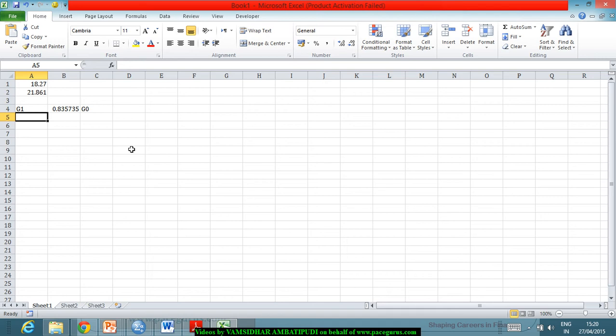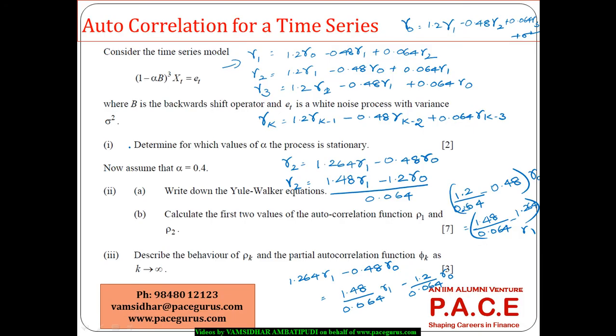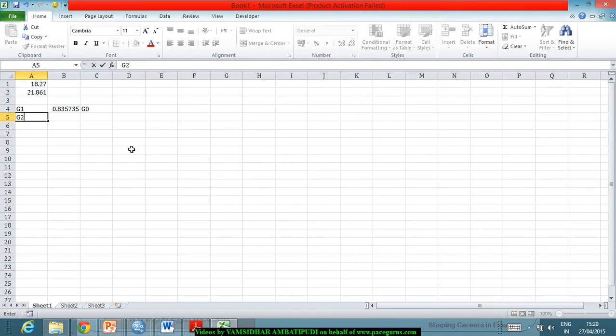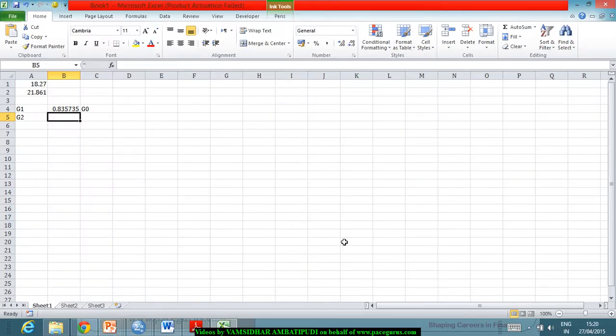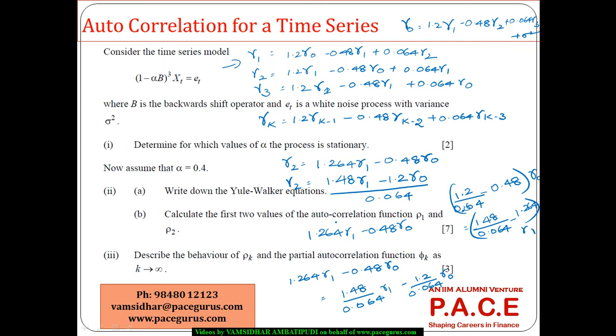Right, gamma 1 is getting simplified as almost 0.83 times gamma 0. Now the same logic I can go ahead with in terms of gamma 2. I can simplify the gamma 2 also. Now that I have gamma 2 as 1.264 gamma 1 minus 0.48 gamma 0, in terms of gamma 1, now I can very well substitute 0.83 times gamma 0.